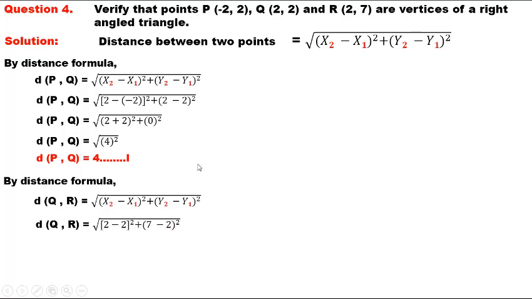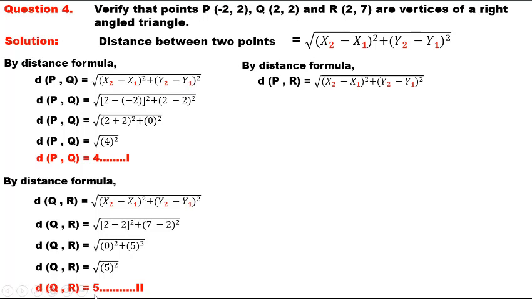We get under root of (2 minus 2) square plus (7 minus 2) square. Therefore we get under root of 0 square plus 5 square, which is equal to under root of 5 square, which is equal to 5.